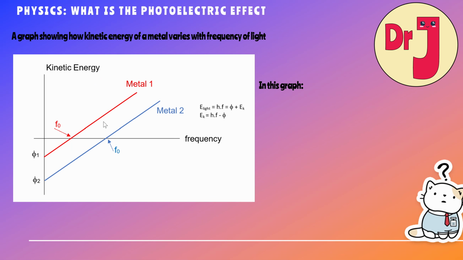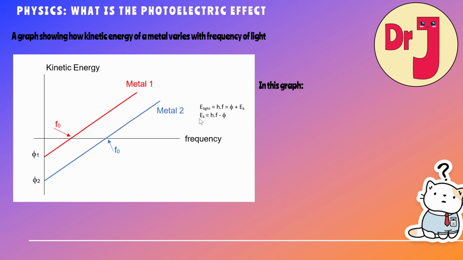Here is another graph showing how the kinetic energy of a metal varies with the frequency of light. Let's just take a single metal here, plotting increasing frequency with kinetic energy. Remember our equation is E light equals the work function plus the kinetic energy.